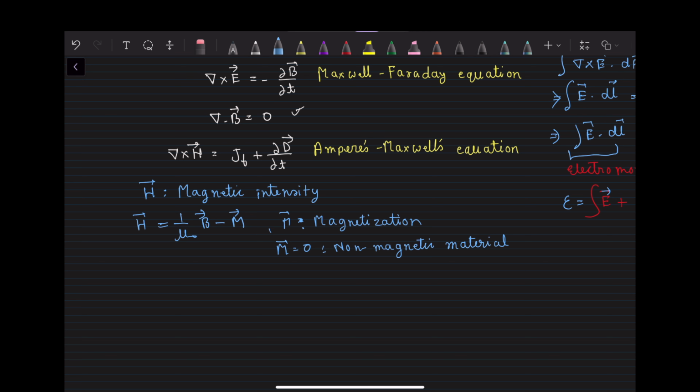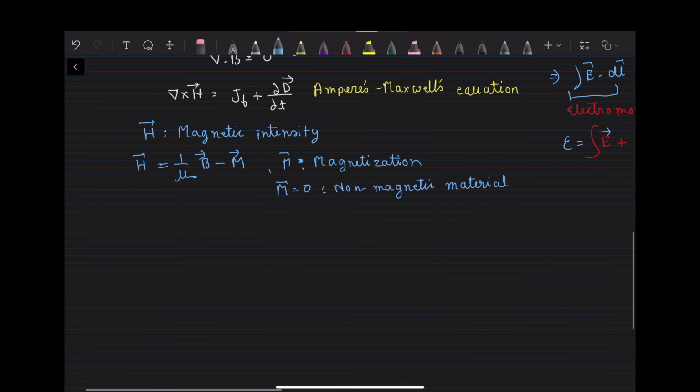mechanical energy, electromagnetic energy stored in the fields which is bound by the surface, and work done by polarization. All of these things we will study one by one.